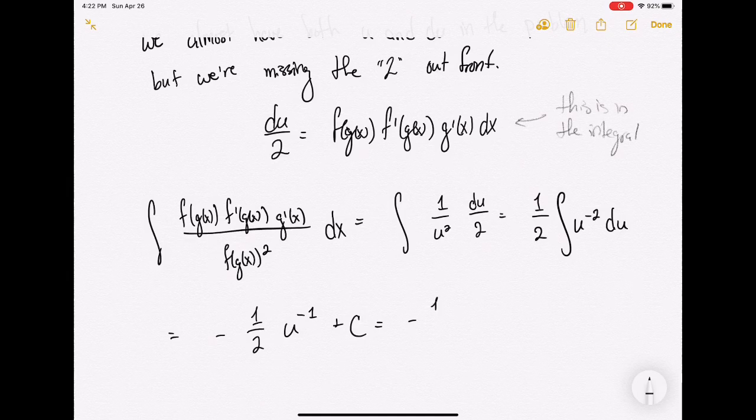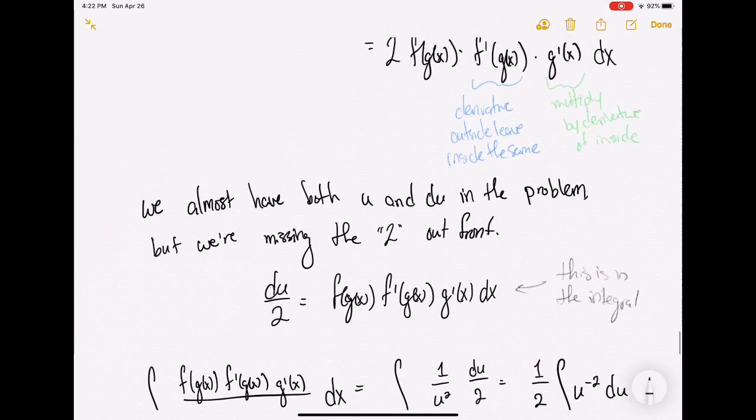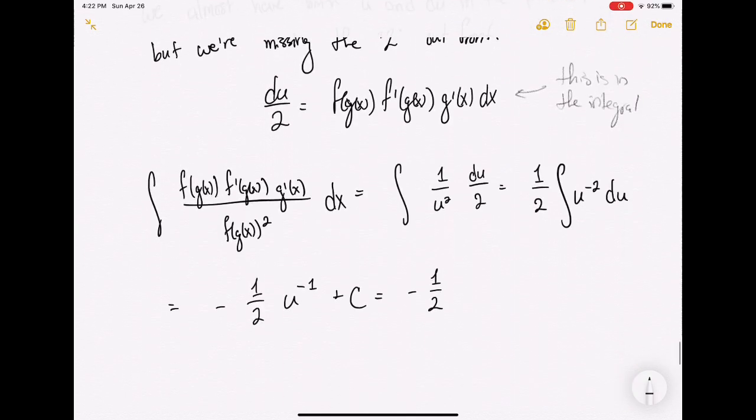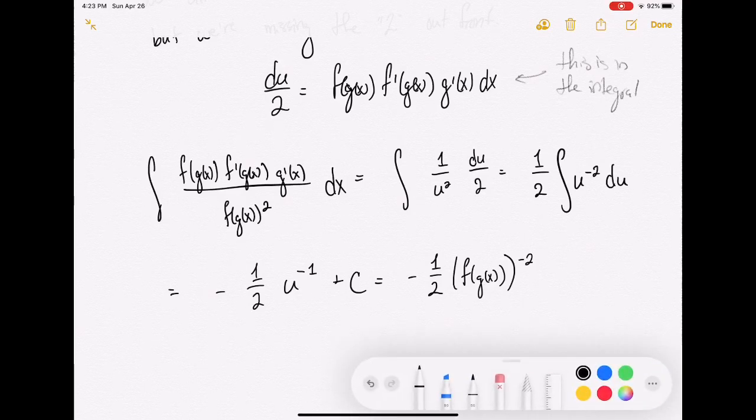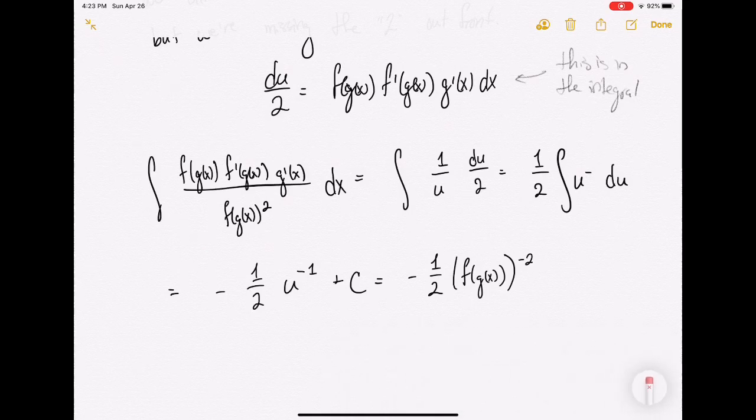What was u? u was f of g of x squared. Did I do that right? Ah, that's not u squared. That is just u. Sorry. Yes, that is just u. So this is natural log. My bad. I was wondering why I wasn't getting what the sheet had given us. So this is u to the negative 1.